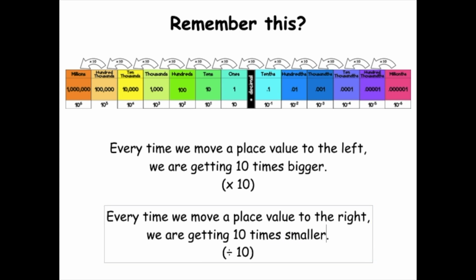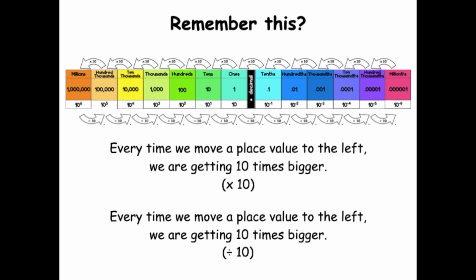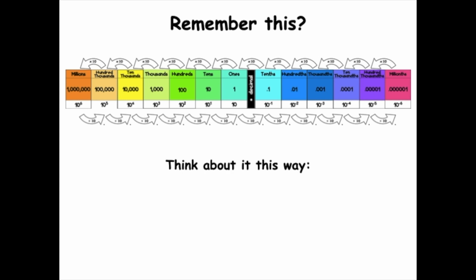Sorry, my typo here, guys. So we are dividing by 10 every time we go to the right. And then at school, I have those arrows that say divided by 10 underneath the place value chart to help us remember which operation we do depending on which way we go. So that comes in handy for us because our metric units follow a similar pattern. We'll talk about that in a little bit.